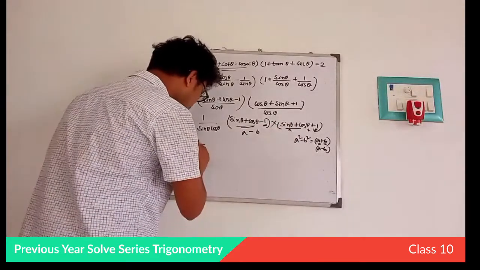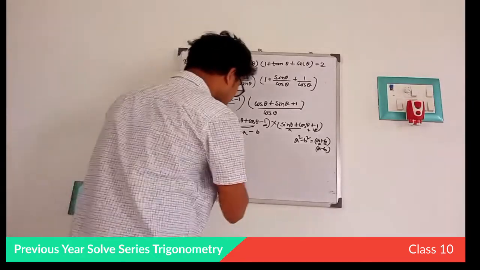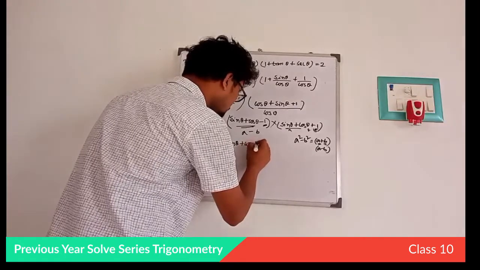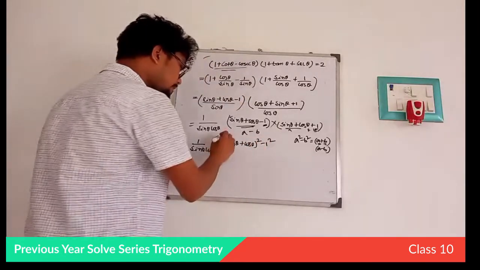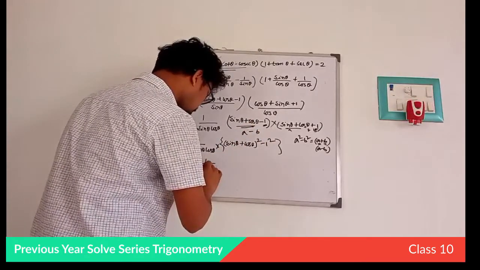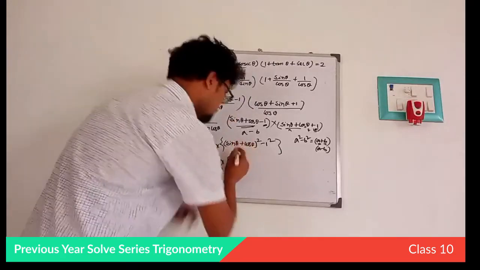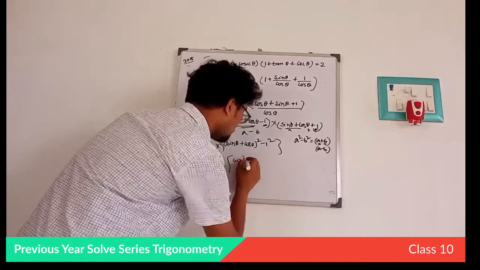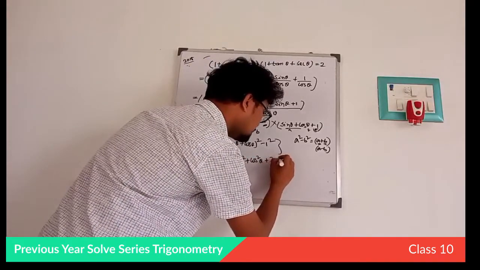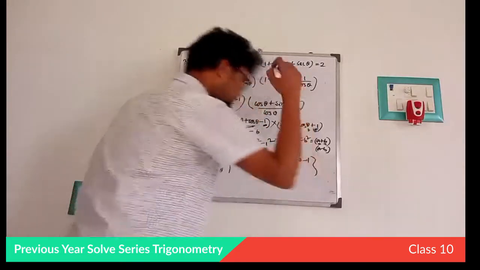So 1 by sin theta into cos theta into sin theta plus cos theta whole square minus 1 square. A square minus b square, so 1 by sin theta cos theta into sin square theta plus cos square theta plus 2 into sin theta into cos theta minus 1.